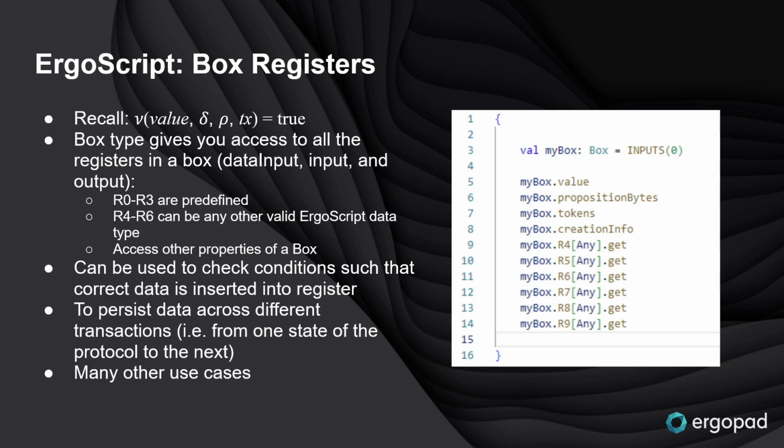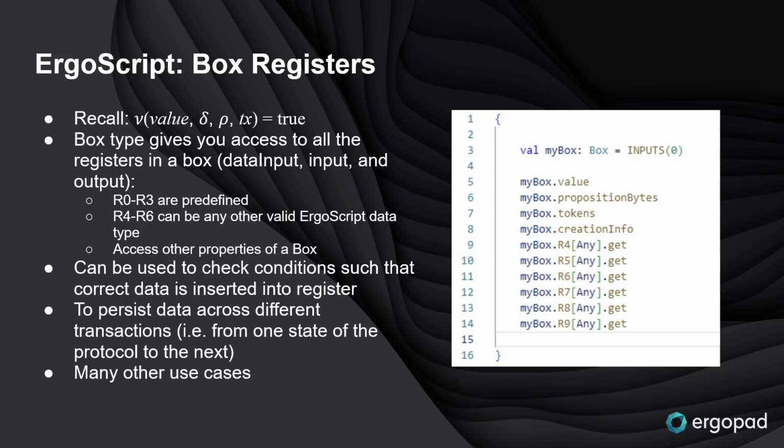So how would you use Ergoscript to access the box registers? First you would say, I want to create a box called myBox, and you would have to say where it is in the inputs. In our case, it would be the first input of a transaction, so we would access that by accessing element 0 of the inputs array.